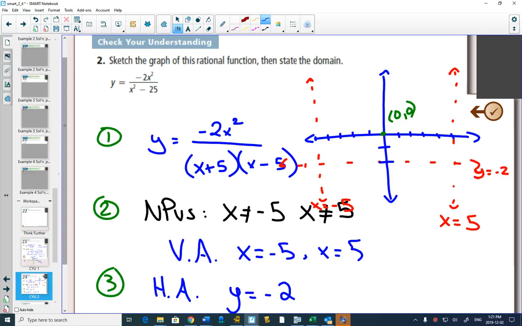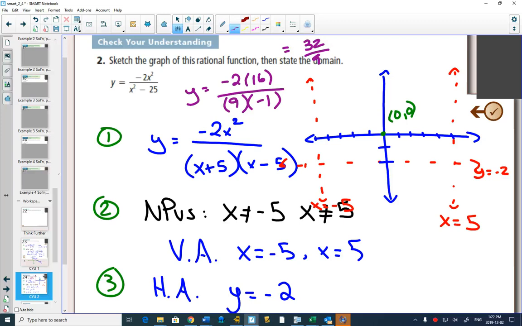If I choose, for example, 4, my top is going to be negative 2 times 16 over 9 times negative 1. That simplifies to be 32 over 9. 32 over 9 is somewhere between 3 and 4.